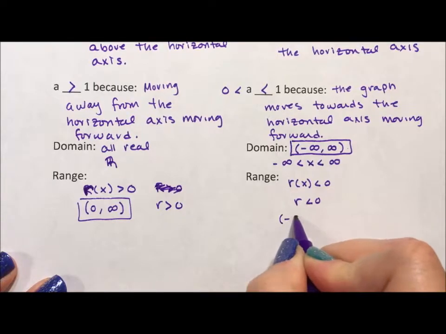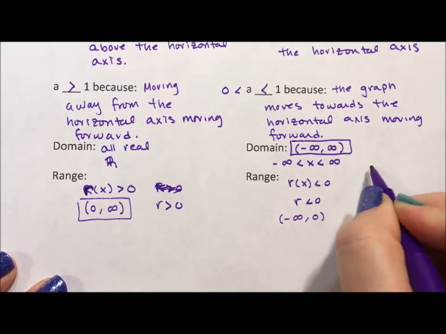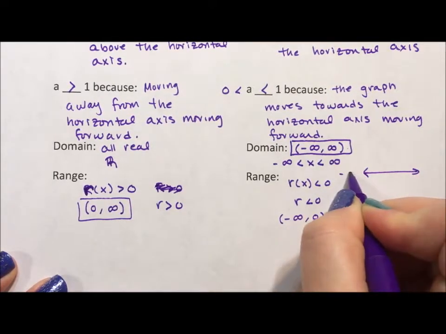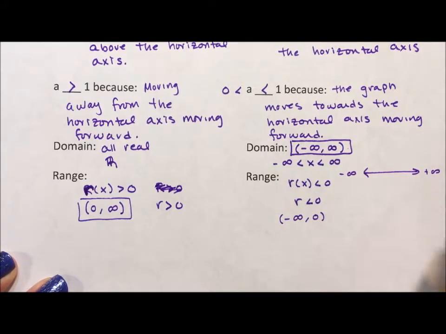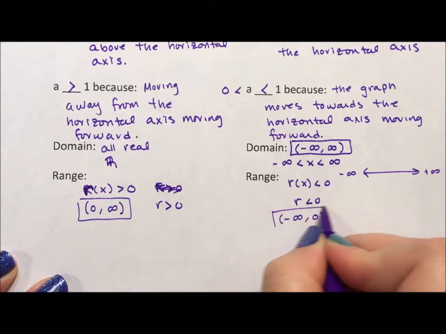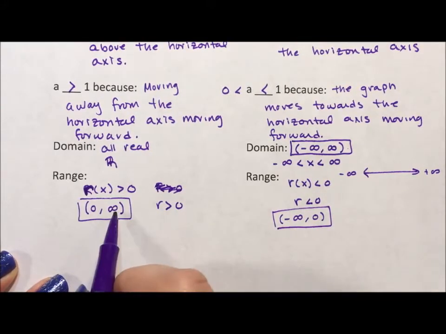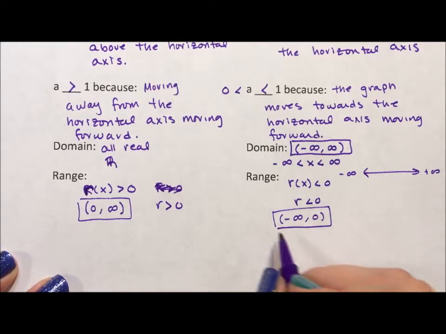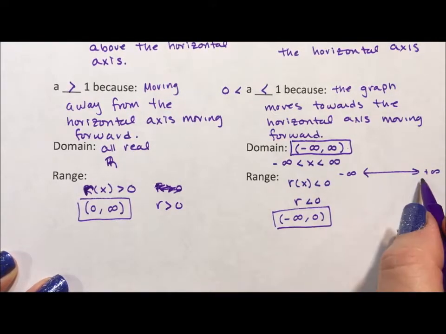Make sure you do negative infinity to 0, because on a number line, negative infinity is always on the left and positive infinity is always on the right. And so you have to keep the negative infinity on the left in interval notation, and you have to keep the positive infinity on the right in interval notation, or it is incorrect. This has to be in the same order it would be on a traditional number line.